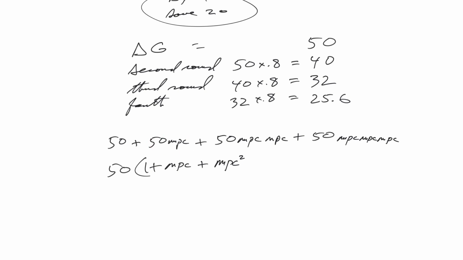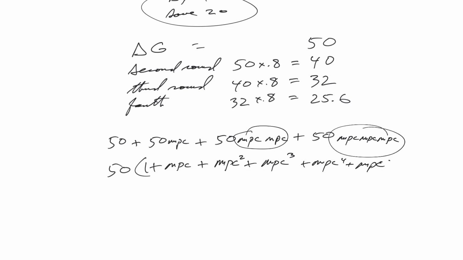Then we've got it cubed, 3 times marginal propensity to consume to the third. And if we keep on going, MPC to the fourth plus MPC to the fifth, and so on, so on.